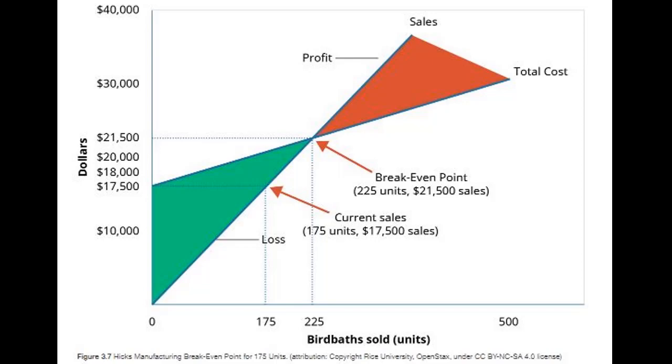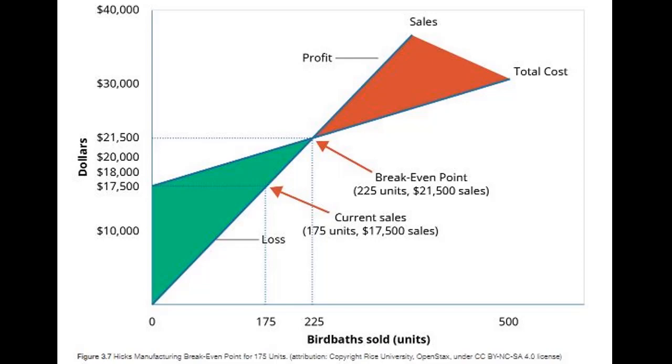If that total cost line was to break with its pattern and leap upwards in the way that is illustrated in figure 2.22, then the loss that is being incurred at that point would be much bigger, and it would take the company much longer to break even.